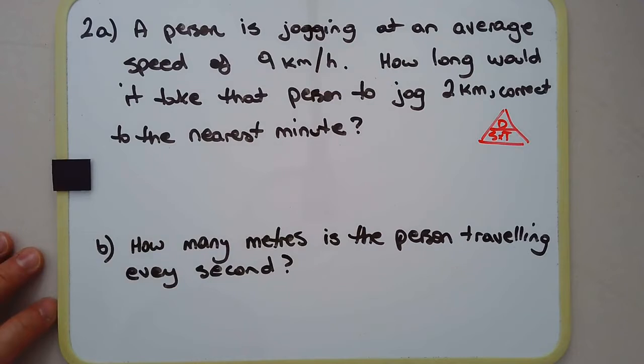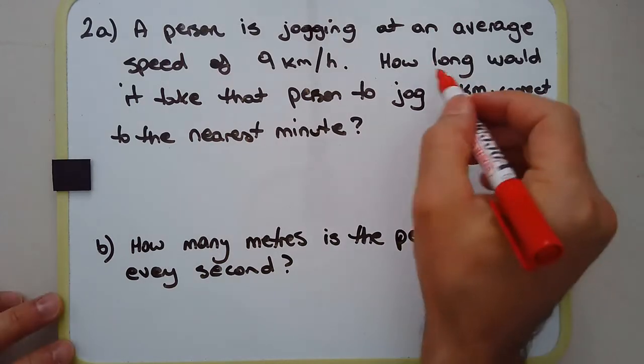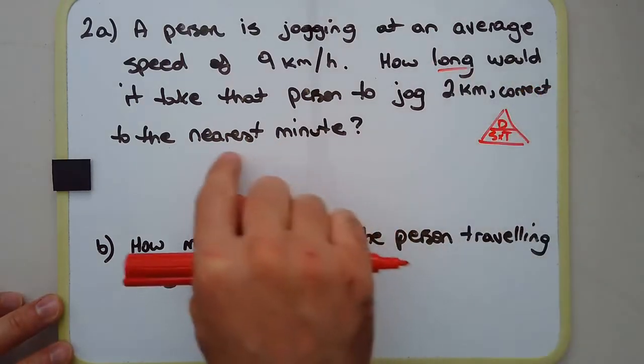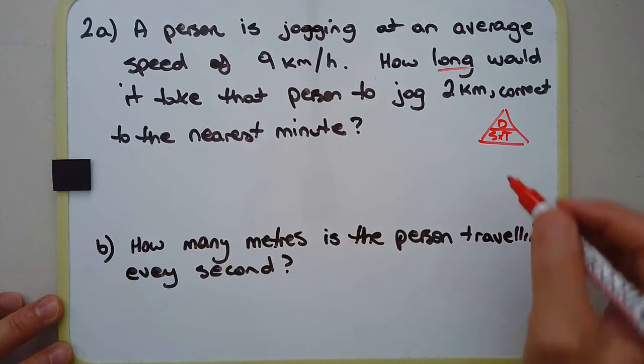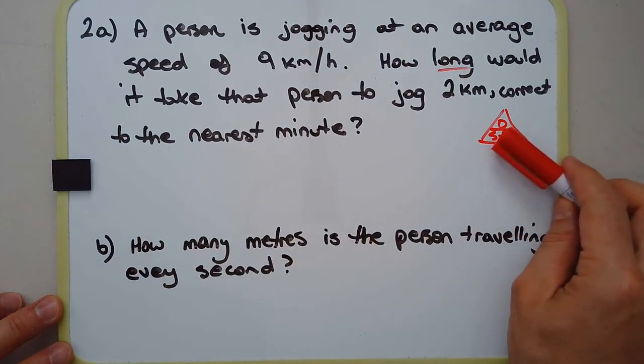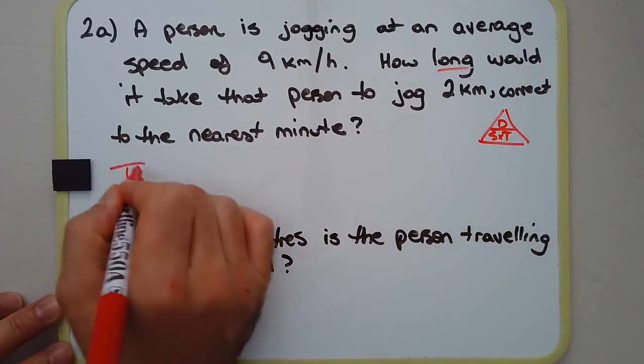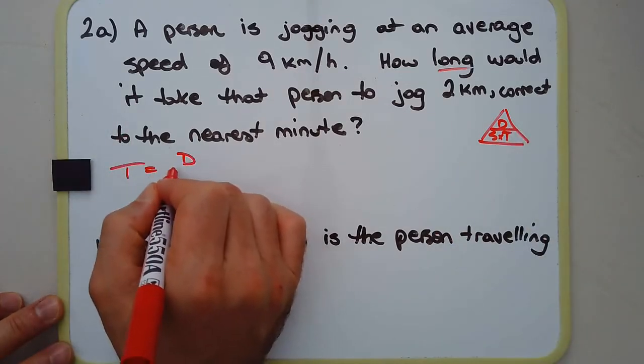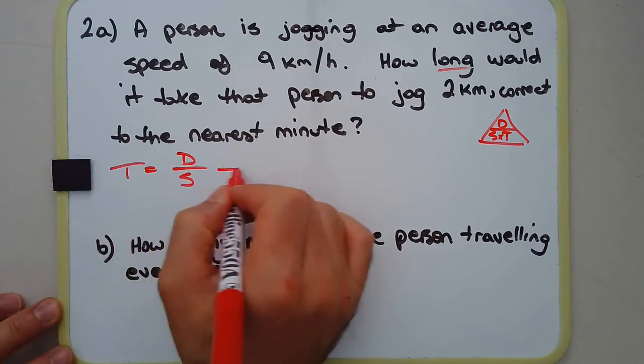What are we trying to find? How long would it take that person to jog 2 kilometres? So we're trying to find time. Correct to the nearest minute gives us a clue. If you cover the T, you have D over S. So time is equal to distance over speed.